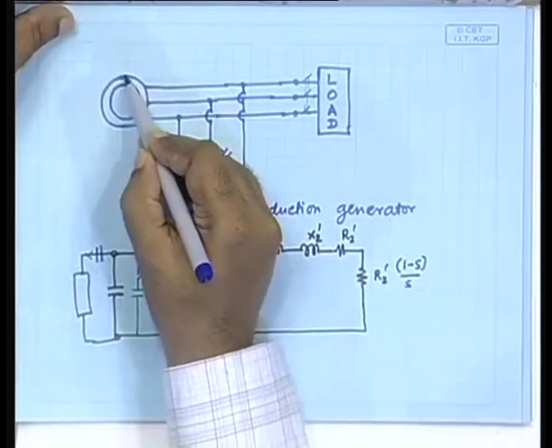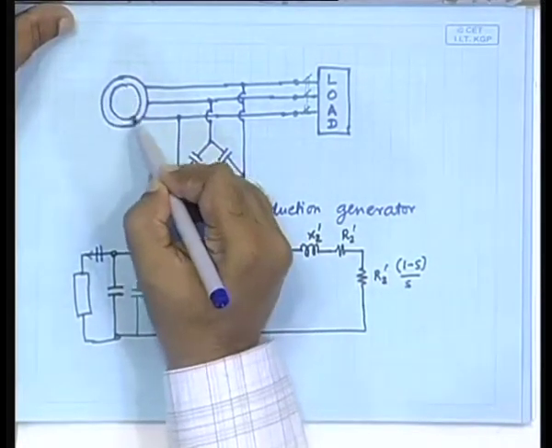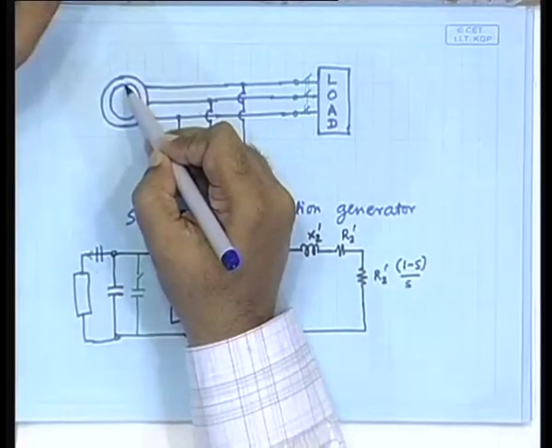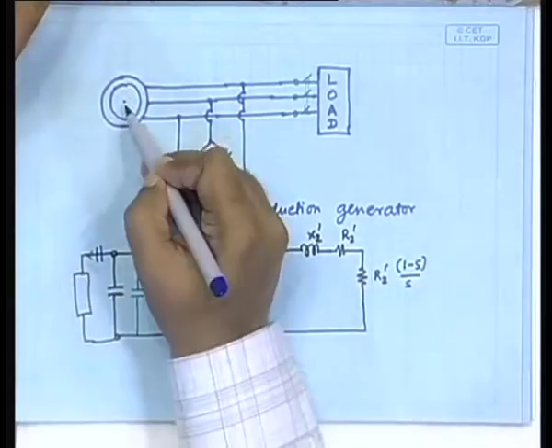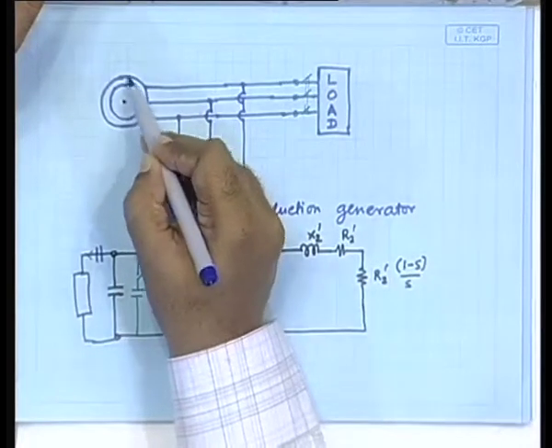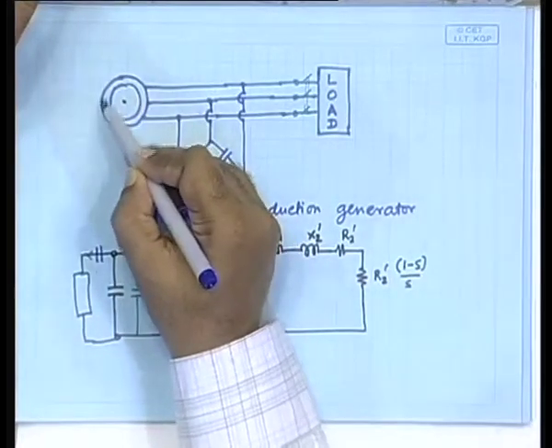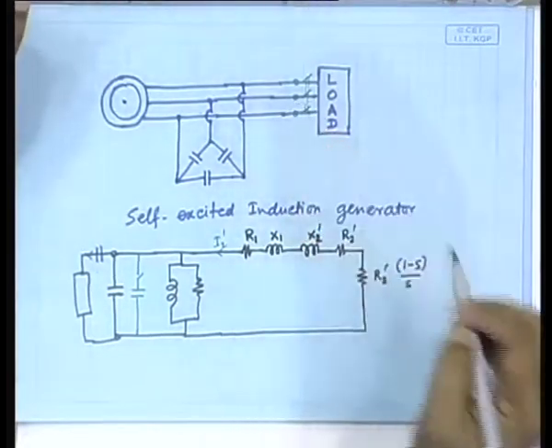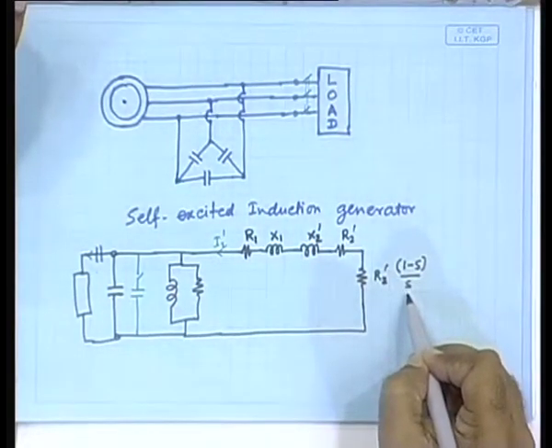One is the rotation of the magnetic field and the other is the rotation of the rotor, and there must be a difference in the speed. You are externally rotating this rotor, but what will be the speed of rotation of the magnetic field? Obviously, that will be different, given by the slip, right.